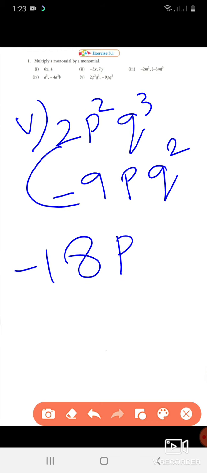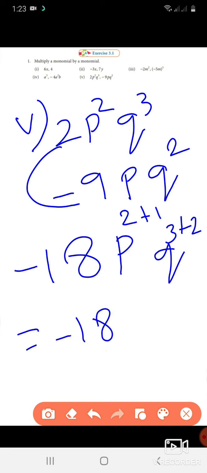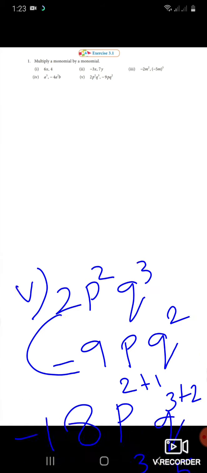Now the p power: in the first term we have 2, in the second term the power is what? 1. Yes. And then q: in the first term we have power 3, plus in the second term we have 2. So the answer is minus 18, p power 2 plus 1, 3, q power 5. This is your answer for the fifth one. Is it clear? Yes.